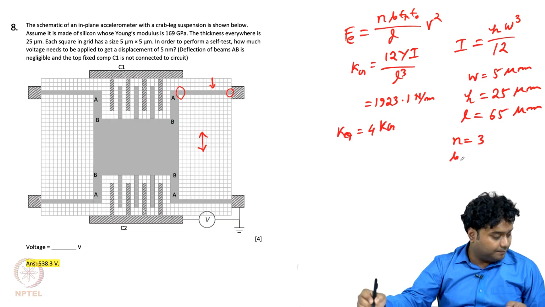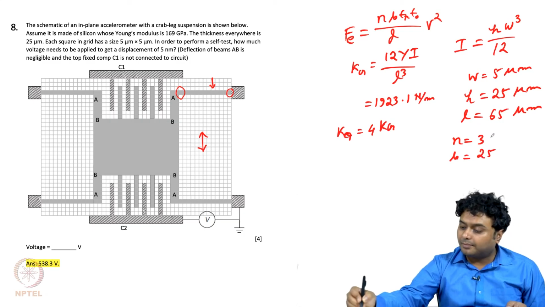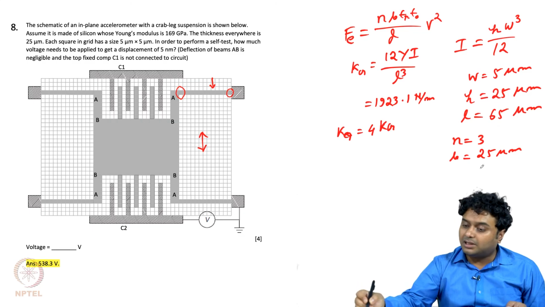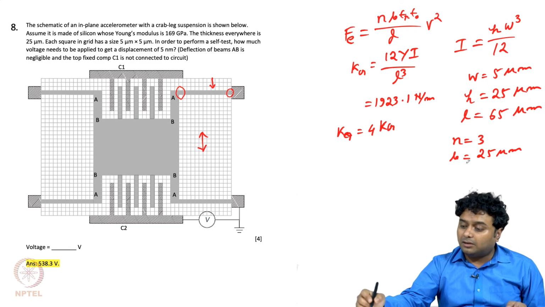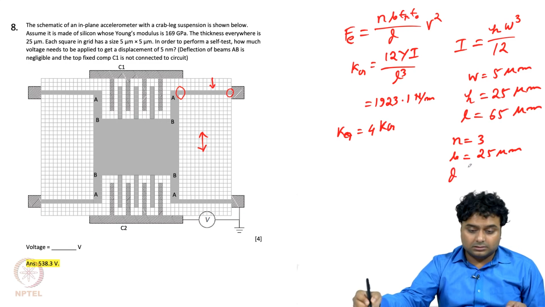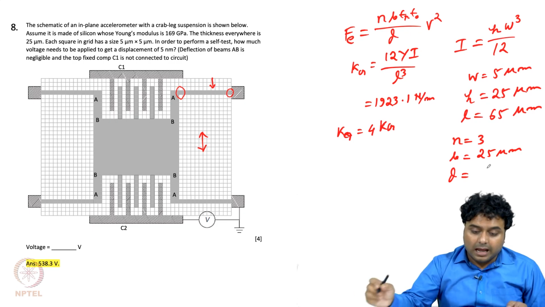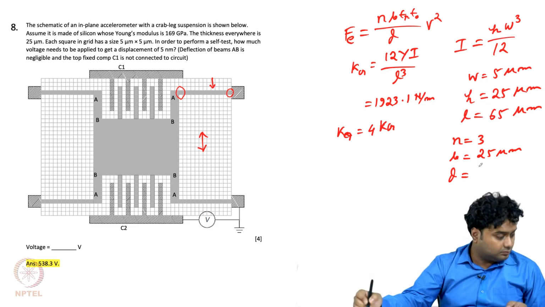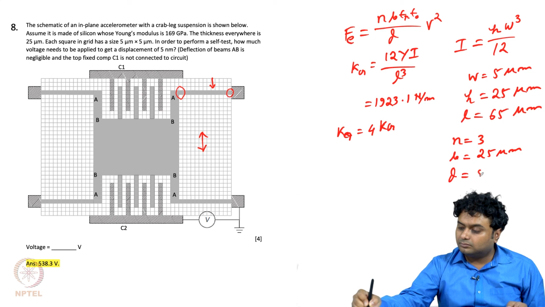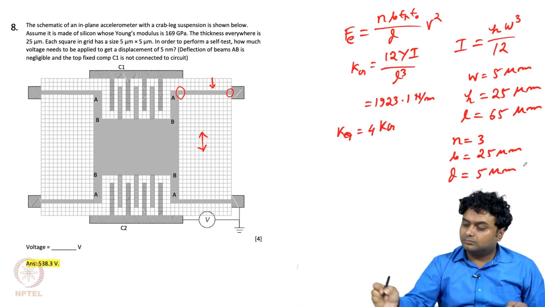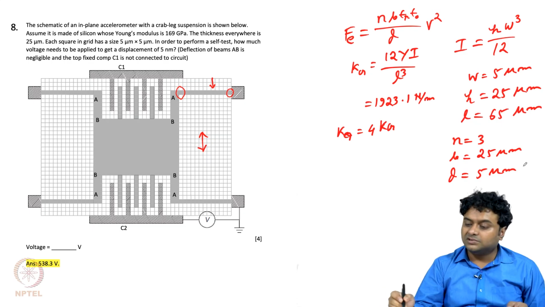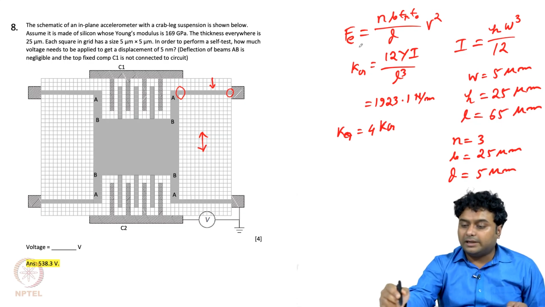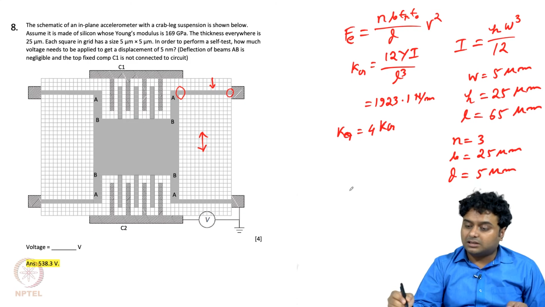So B is 25 micrometer, epsilon r is 1, epsilon naught you already know, 8.85 times 10 to the minus 12, and D is the gap between the comb, and that is 5 micron. Now you will get this expression, right.